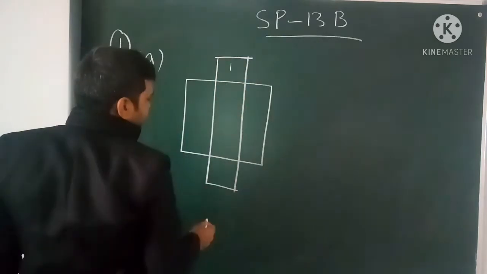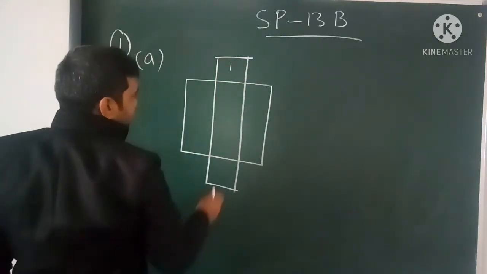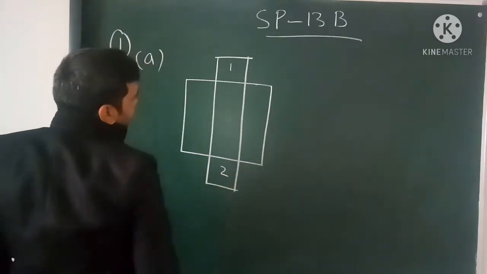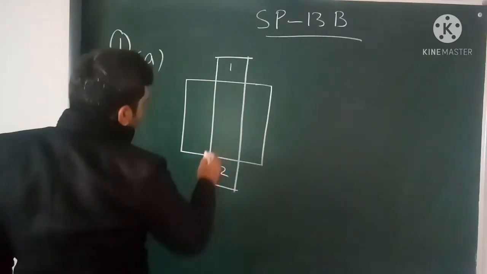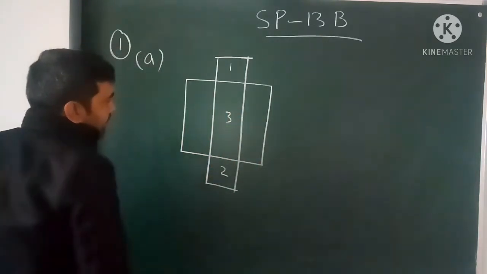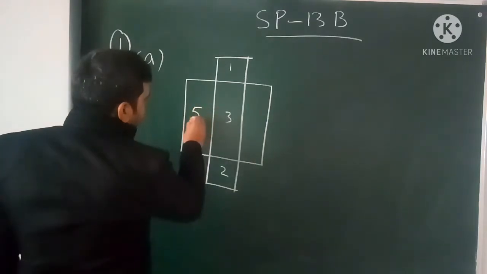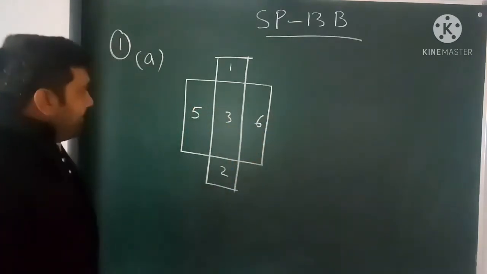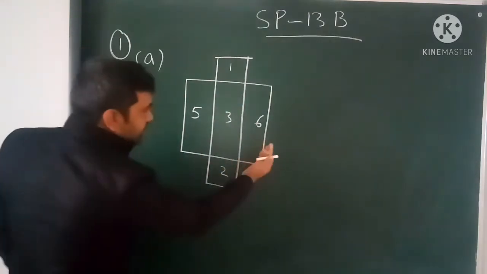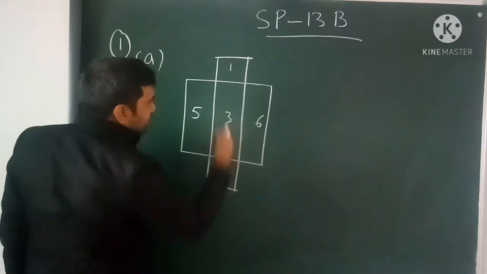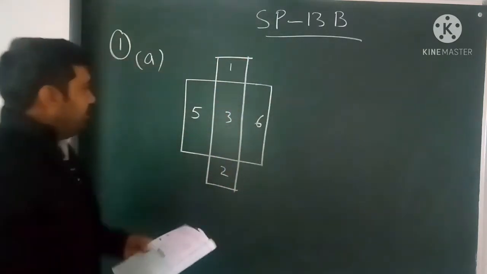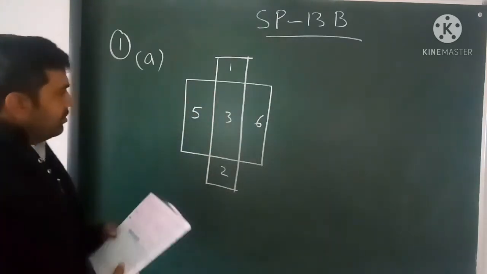Face number 1, the opposite of 1 is 2 here, and face number 3, opposite of 3 is not given here. Face number 5, opposite of 5 is 6 here. So when we flap this, we will get a cuboid. We turn this square along this line, we turn figure 2 along this line, we turn 5 along this line. So we get a cuboid.